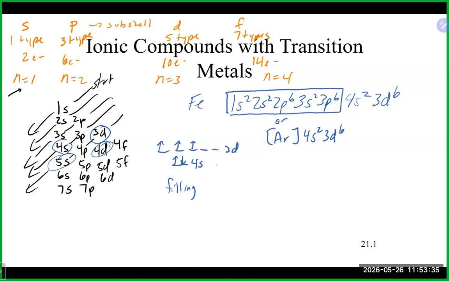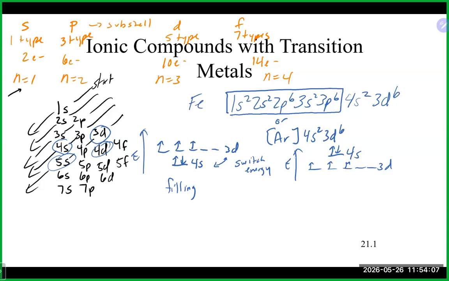But what happens, though, when we start to actually fill some of the d orbitals with electrons, there's actually a switch in energy of those orbitals. And actually the 4s becomes higher in energy than our, say, 3d in this particular case. And that's important for what we'll be talking about here, which is when these guys make ions.